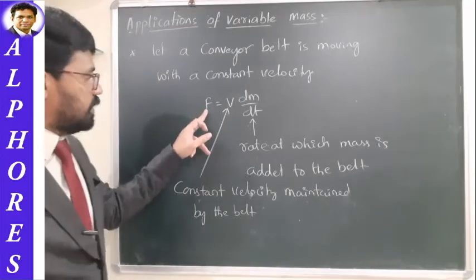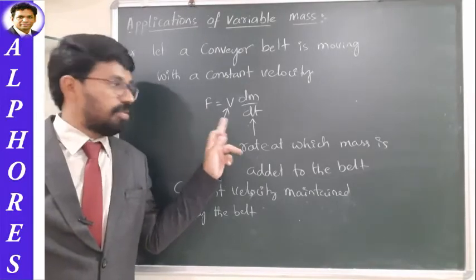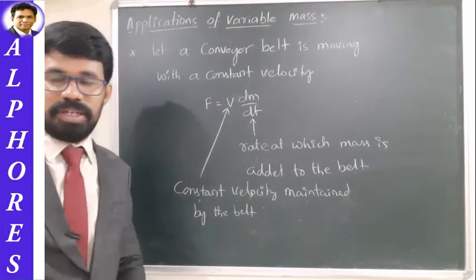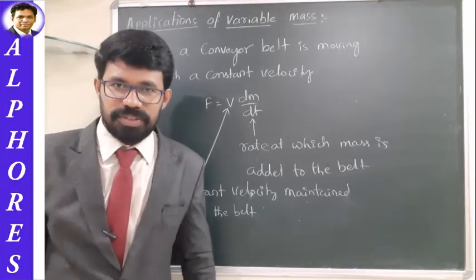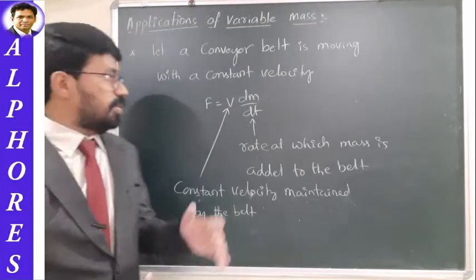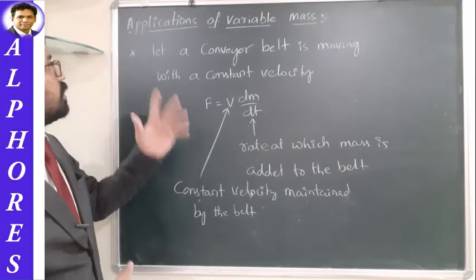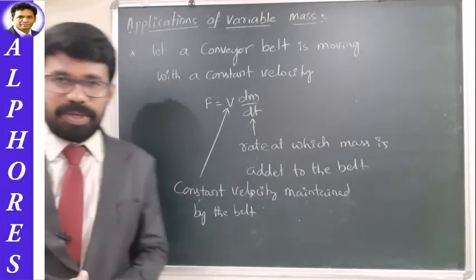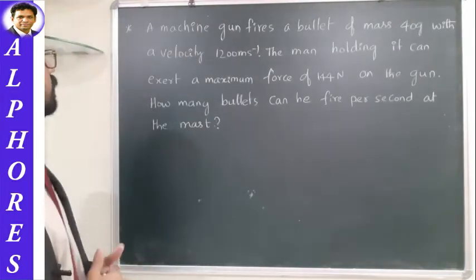So this is the extra force required to make sure that the belt is maintaining constant velocity. Okay, students, this is what we can talk about under the heading of applications of variable mass. Now let us discuss this problem.